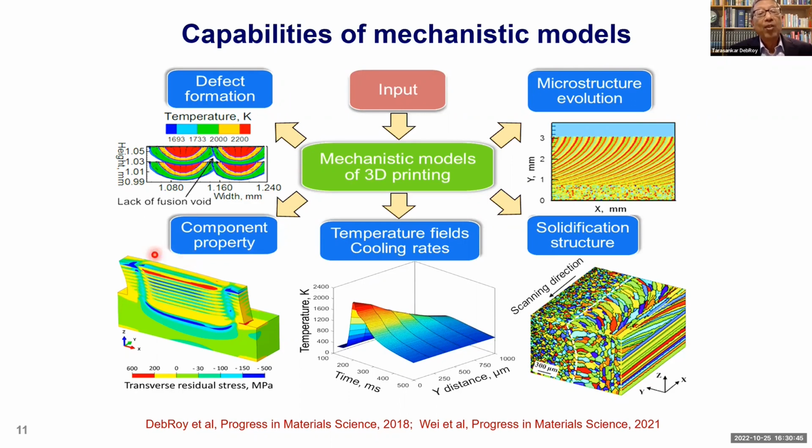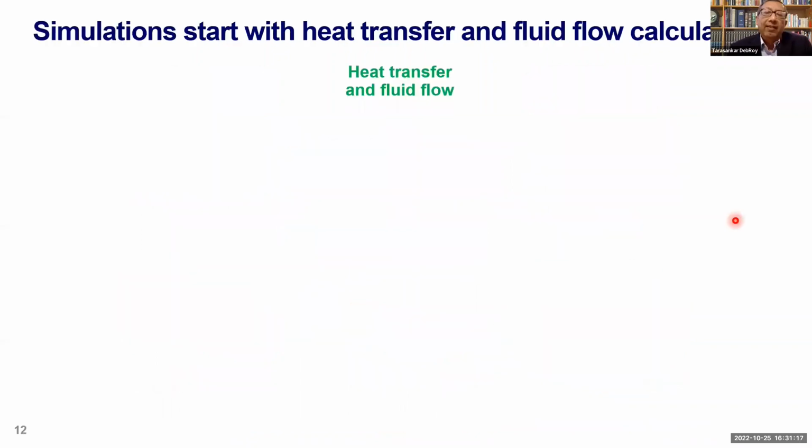So that is also something that can be modeled based on physics and mechanics. Microstructure models are being developed. So that also can be predicted based on transient three-dimensional temperature fields and other parameters that we calculate from mechanistic models. And grain structure and morphology can be computed.